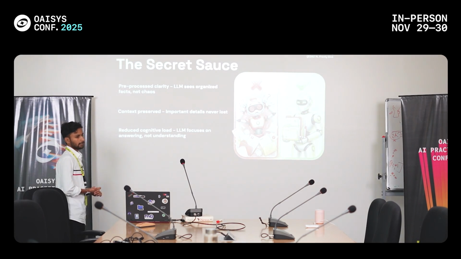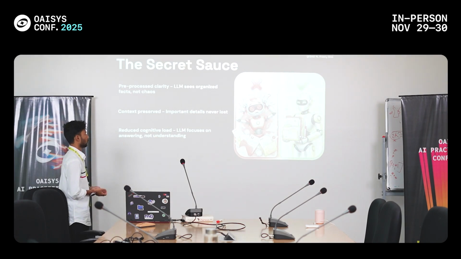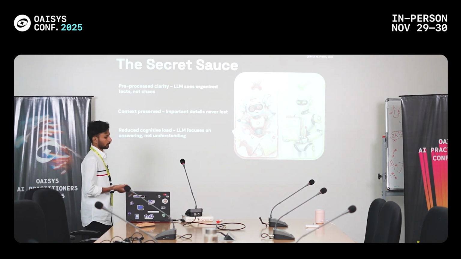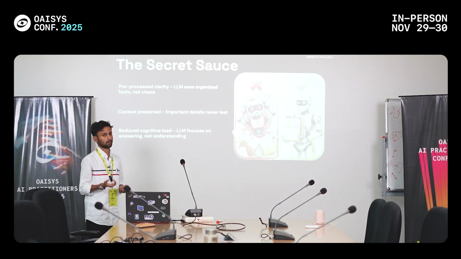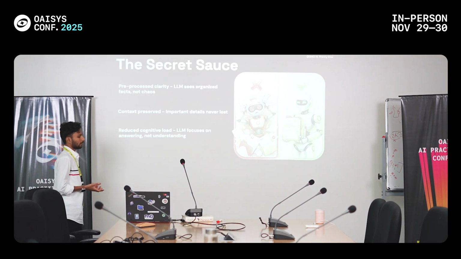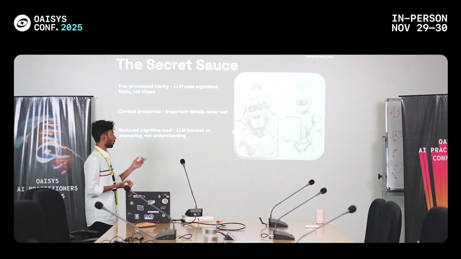Now, what is the secret sauce behind this technique? You pre-process the data for clarity. So instead of seeing messy chunks from a vector database, you are now seeing organized data, right? You are exactly getting what you were supposed to get. The second thing is context is preserved. Important details which we used to miss in traditional RAG systems are not missed here.